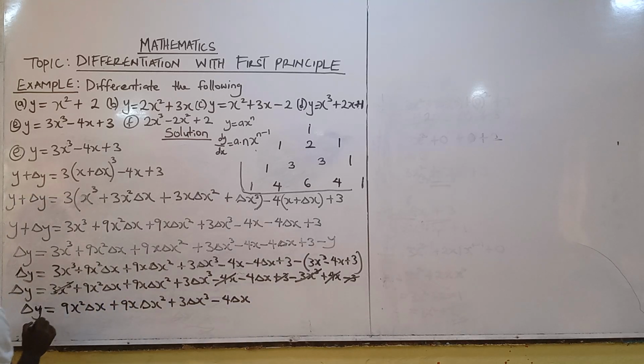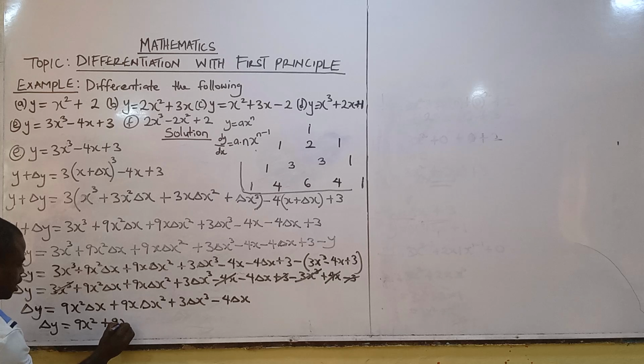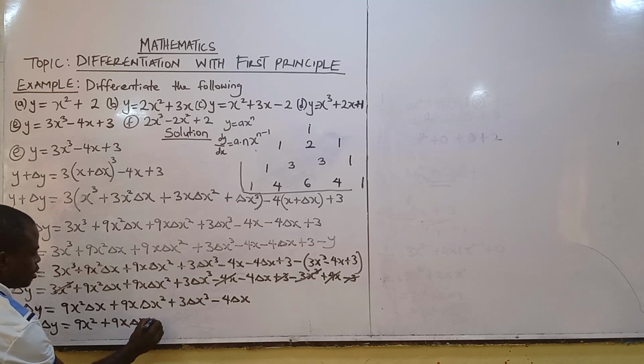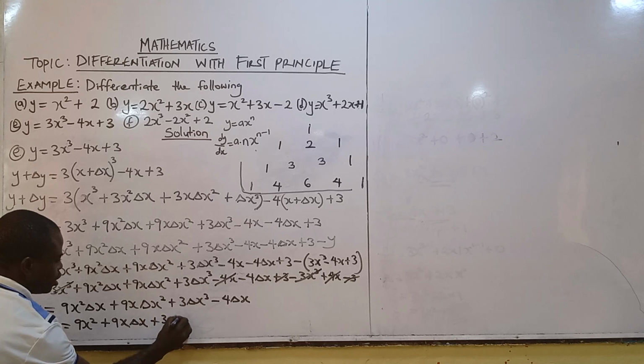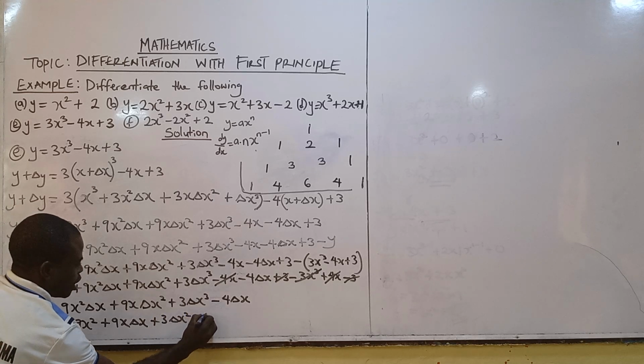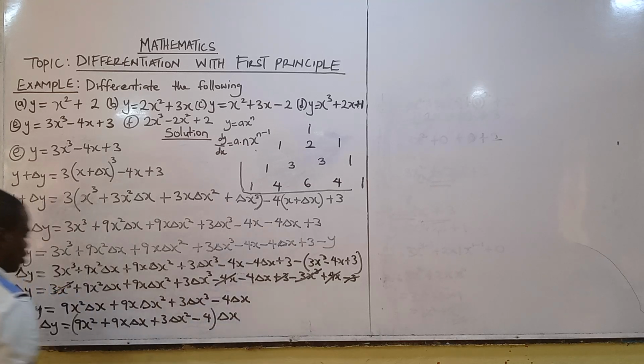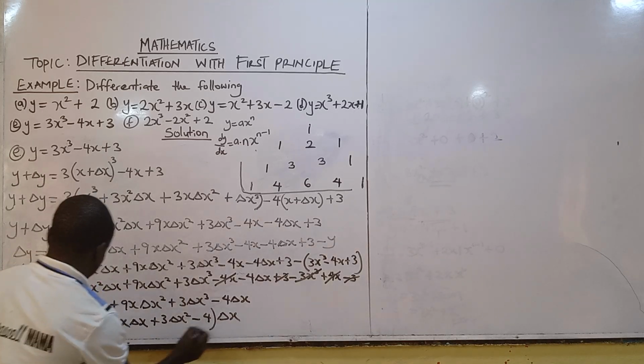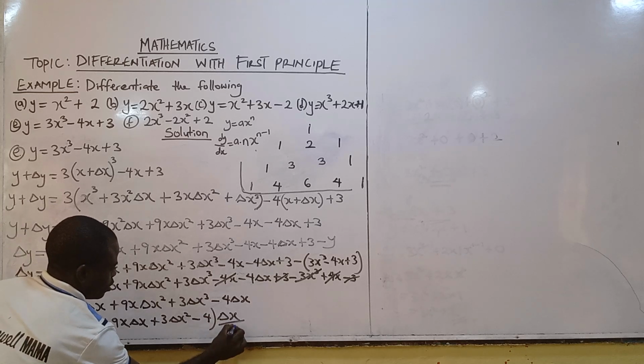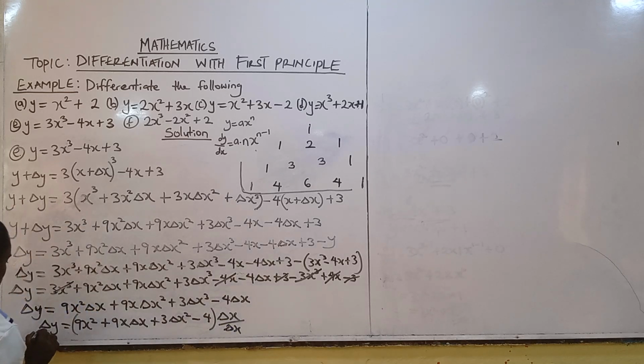Let's factorize. dy equals 9x squared plus 9x dx plus 3 dx squared minus 4. Close the bracket and put your dx outside. Divide through by dx. Is that okay?